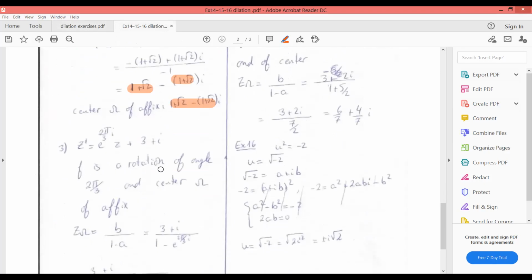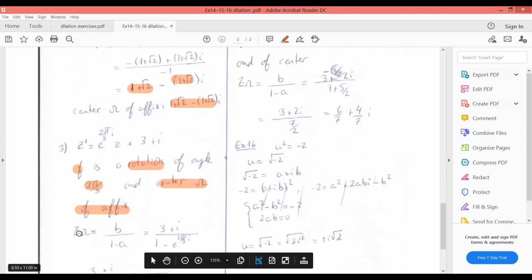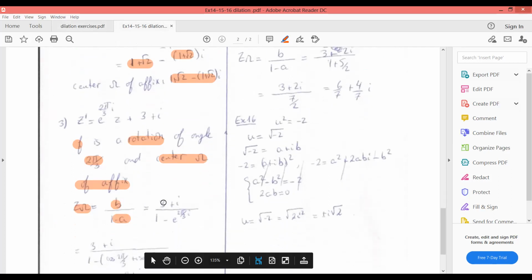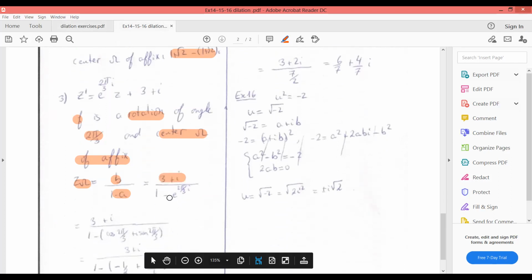So F is a rotation of angle 2 pi over 3 and center omega of affix Z omega equals b over 1 minus a. B is 3 plus i over 1 minus a.